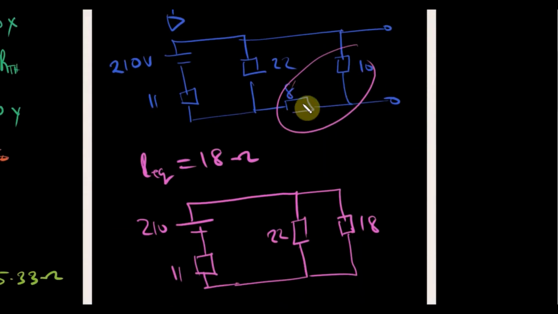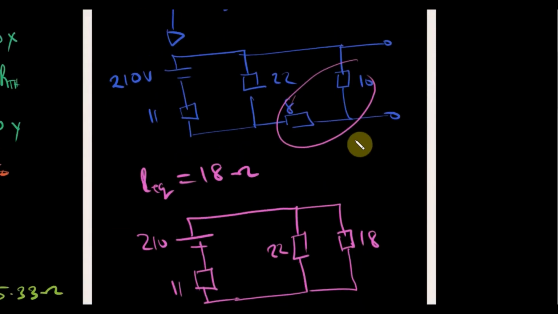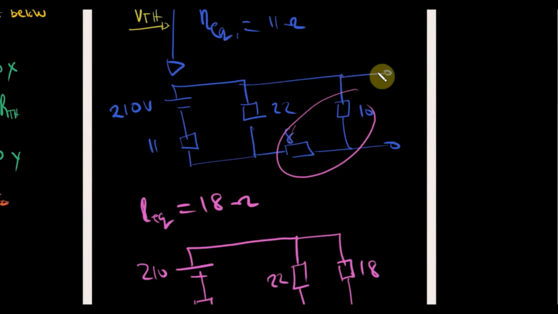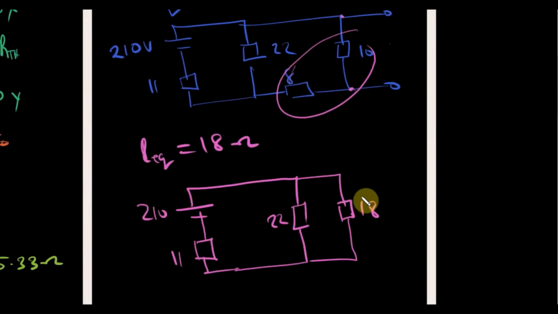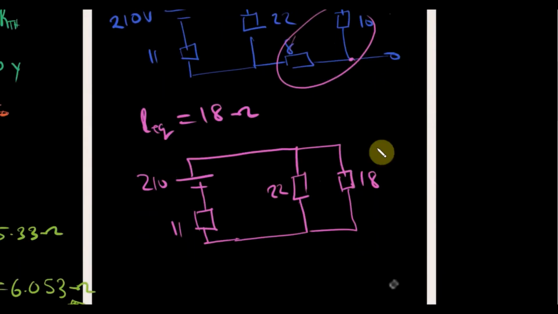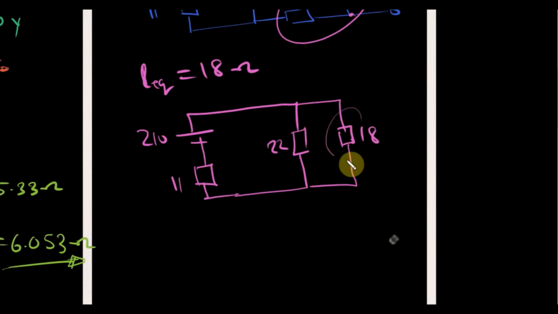Once we combine these two resistors, you will see that we lose track of our terminals, because our terminals are across, we are interested in the voltage drop across the 10 ohm resistor, not the combined 10 and 8 ohm. So we lose our terminals here. That's why you don't see it.